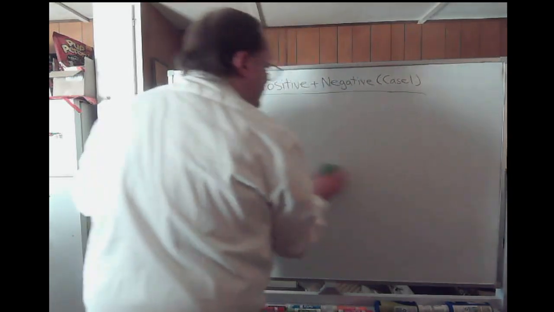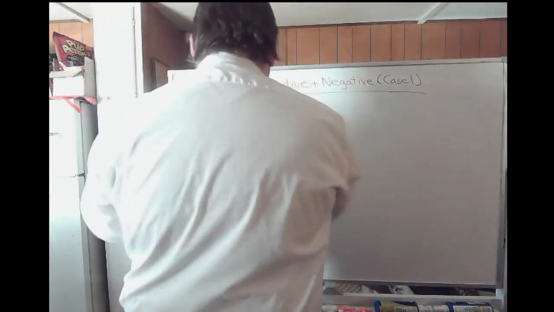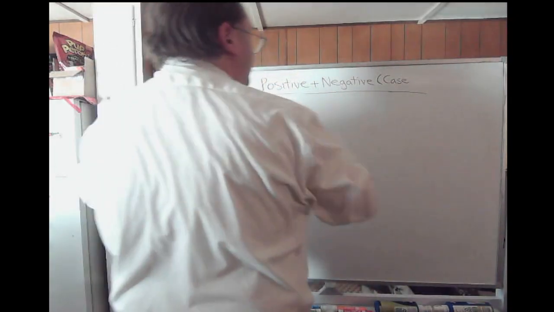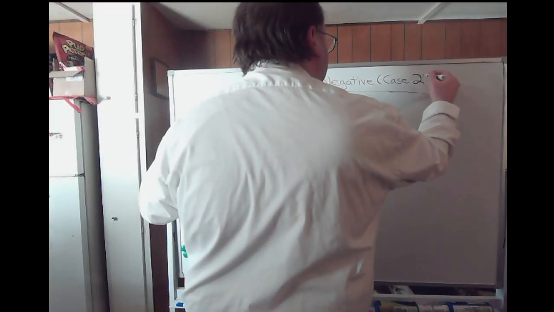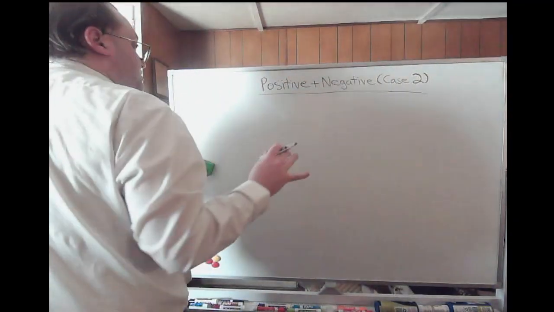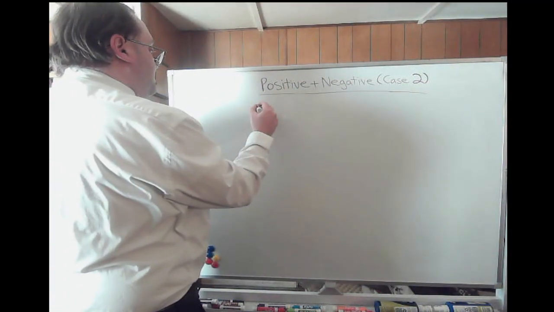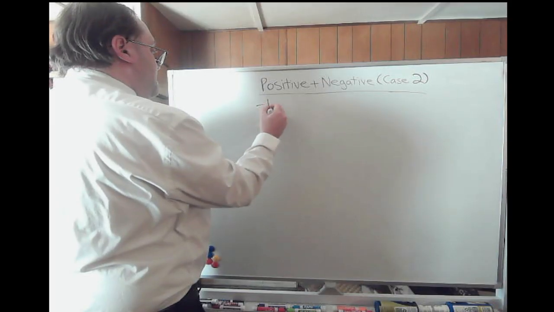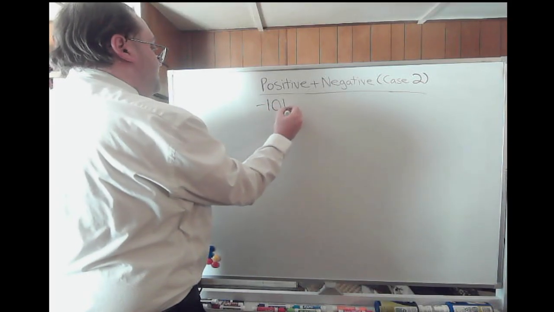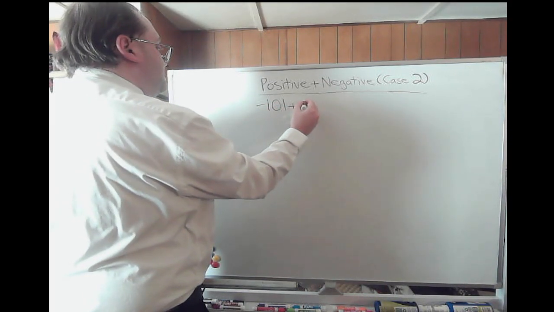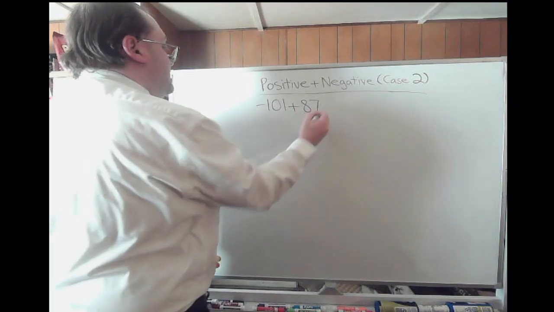Now we're going to move on to the second case of addition with positive and negative numbers. Case 2 is when, let's say, I have something like negative 101 plus 87.